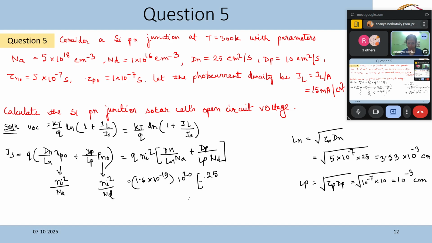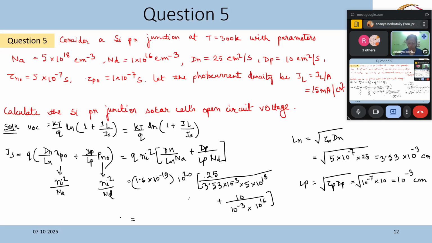Write everything in centimeter. dN is 25 and Ln is 3.5 into 10 to the power minus 3, and Na is 5 into 10 to the power 18, plus 10 by 10 to the power minus 3 times 10 to the power 16.